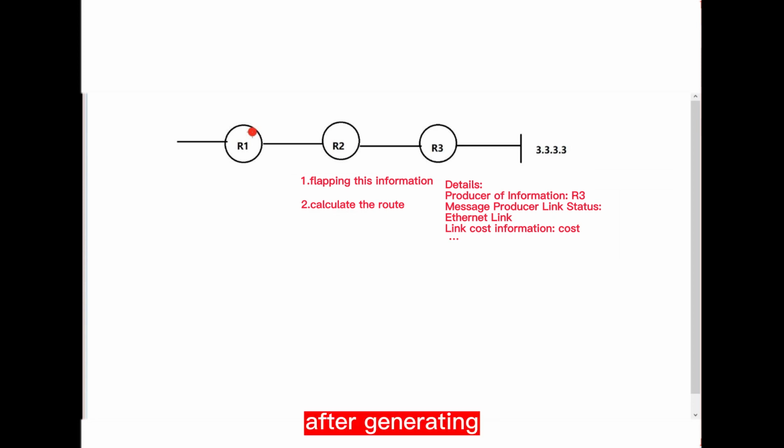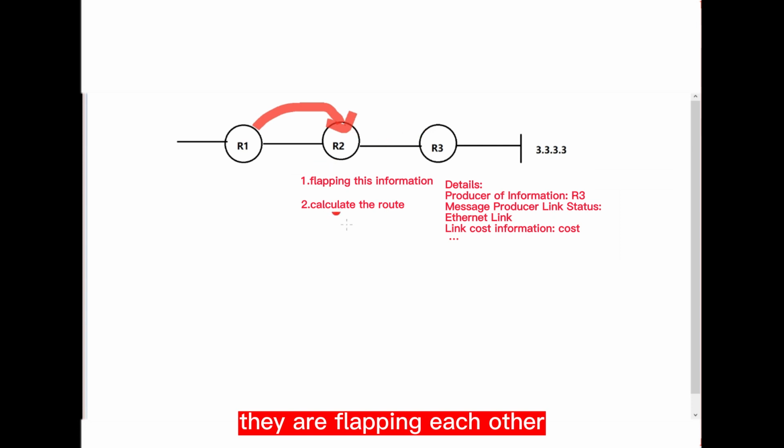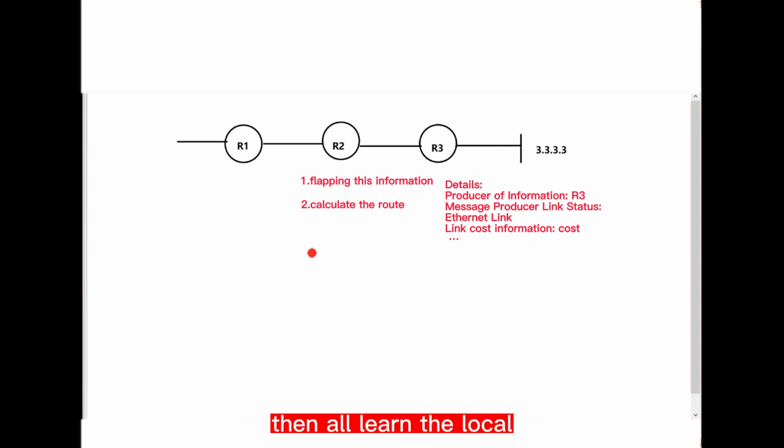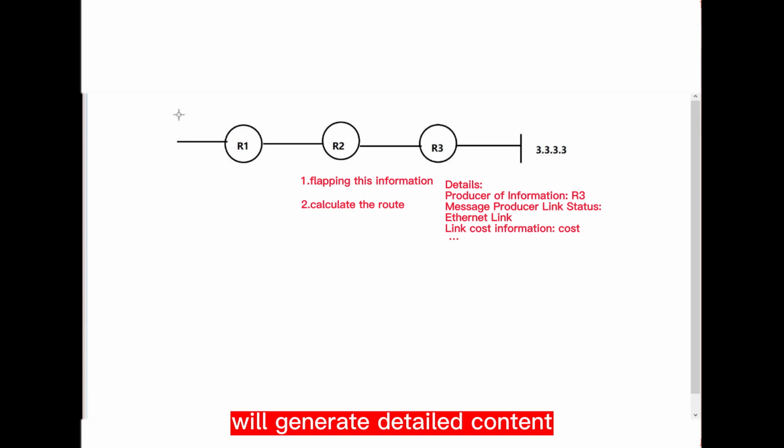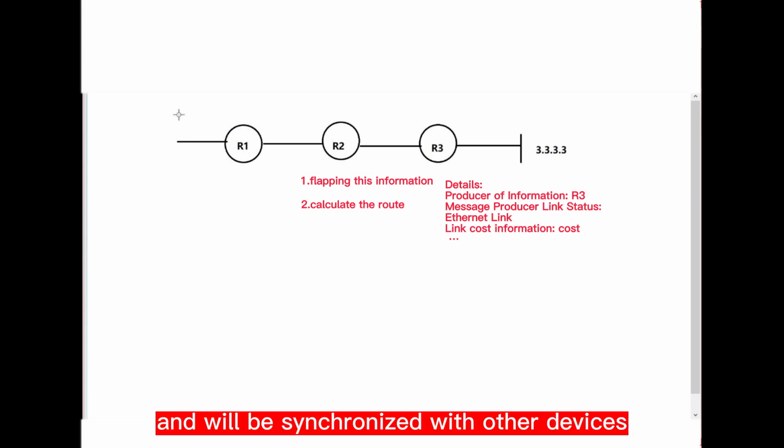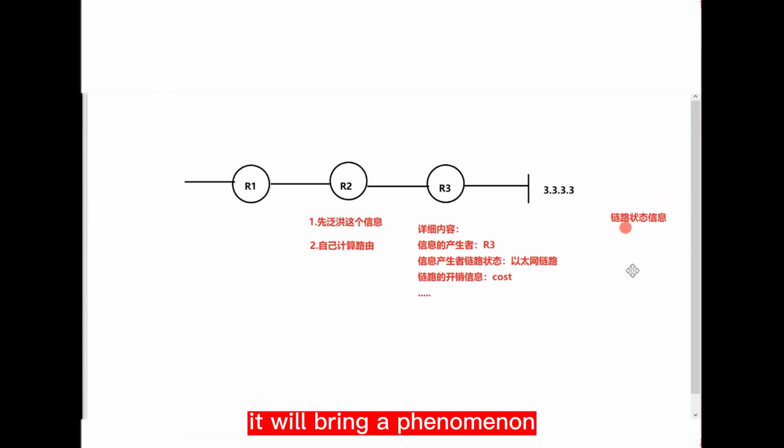After generating, the way is the same as R3. They flood each other, then all learn the local information. That is to say, all devices in the network will generate detailed content and will synchronize it with other devices. Then after synchronization is complete, it will bring a phenomenon.